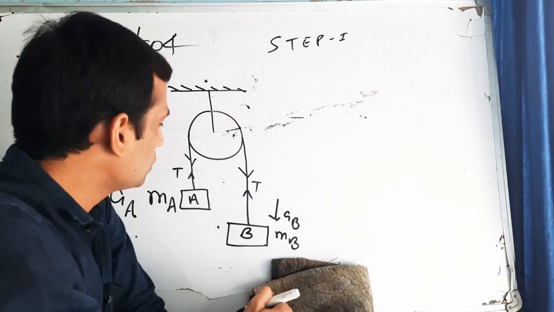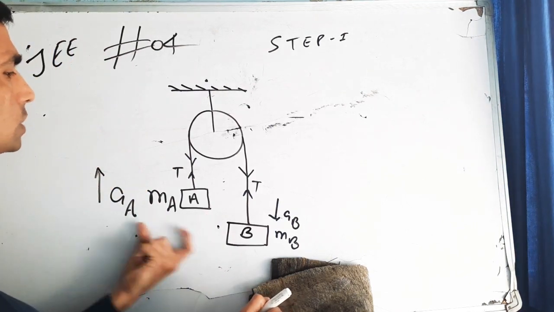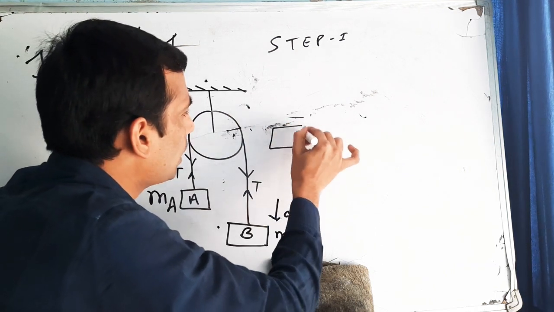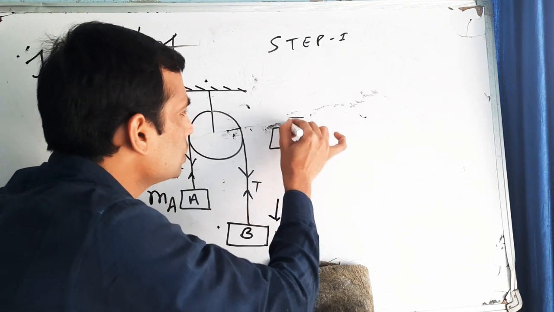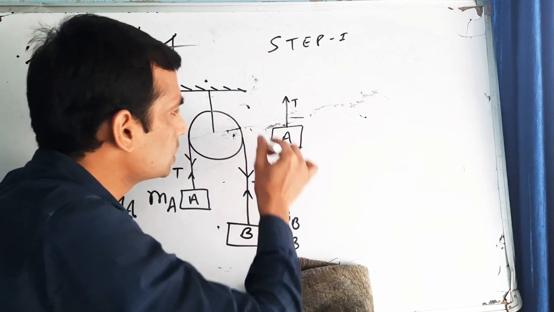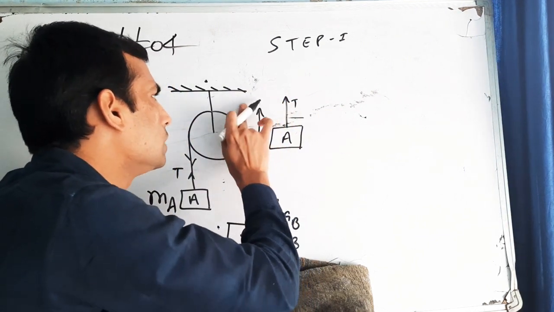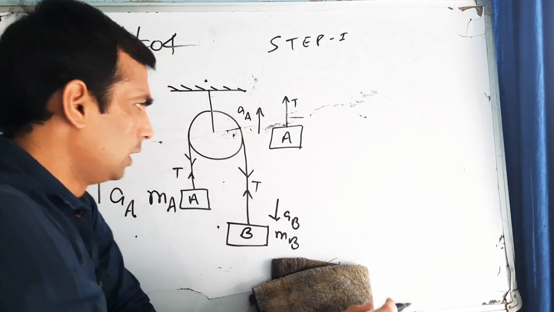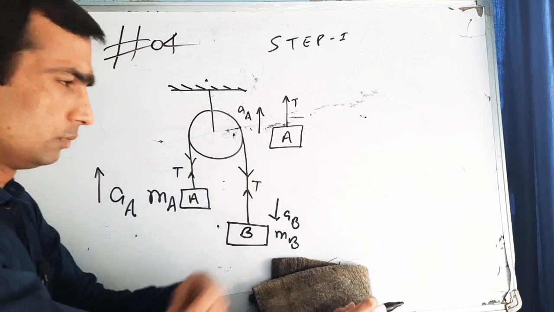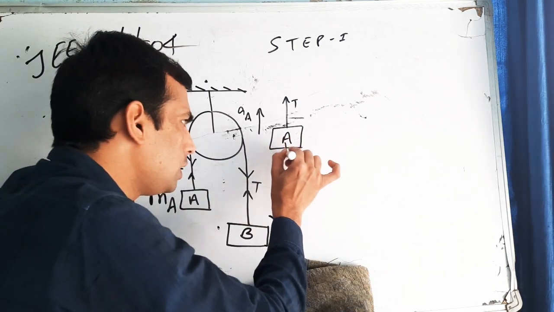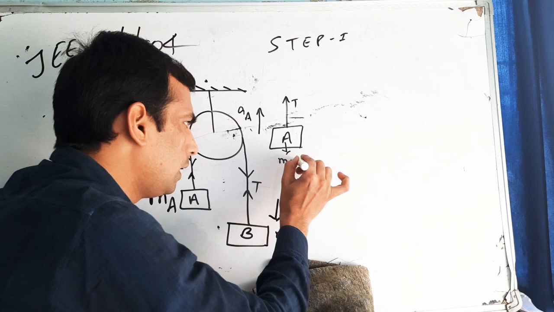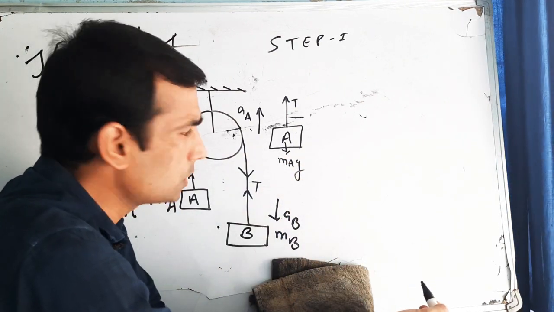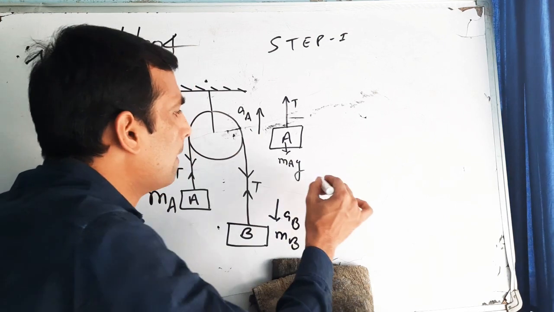Now I'm going to make the FBD individually of block A and block B. So this is the FBD of block A. Tension is acting in the downward direction. Block A is also moving in the upward direction. You can also say MAG, this is the gravitational force acting due to gravity on block A in the downward direction.